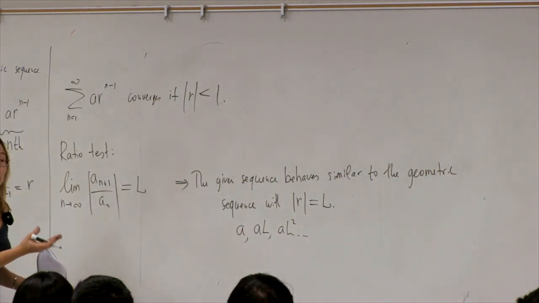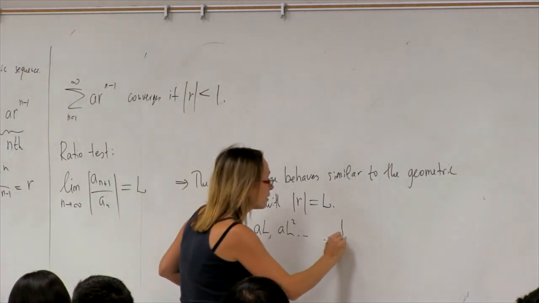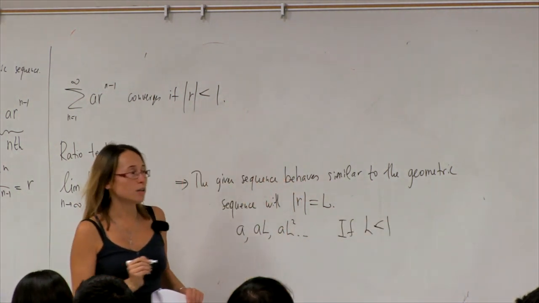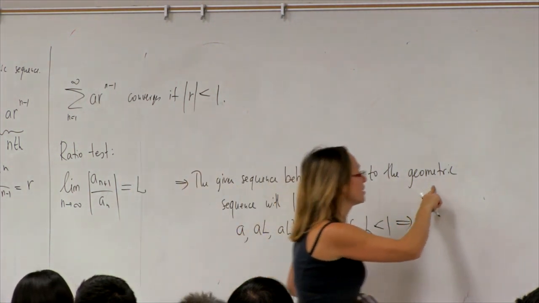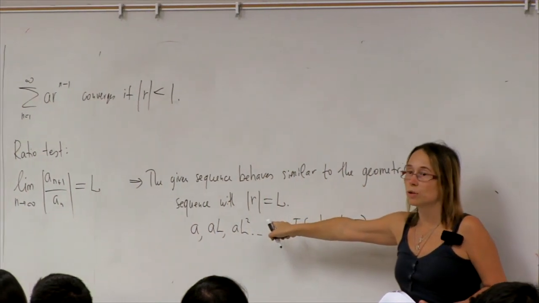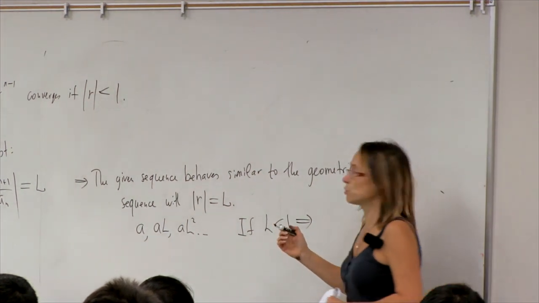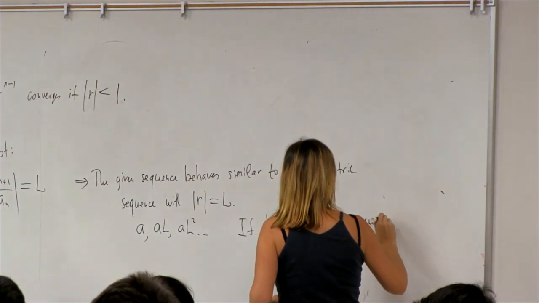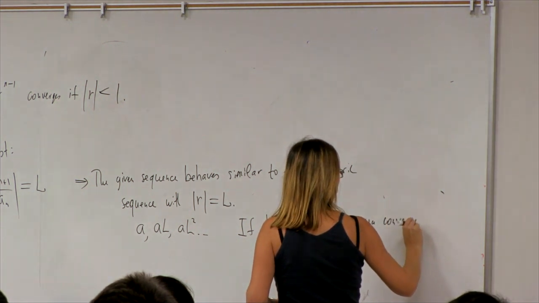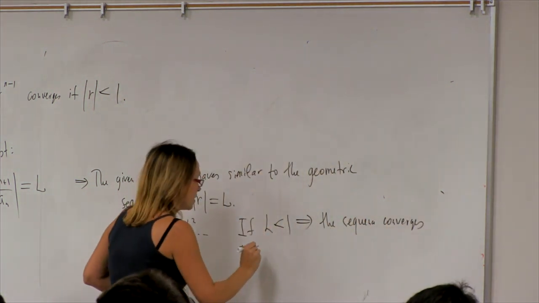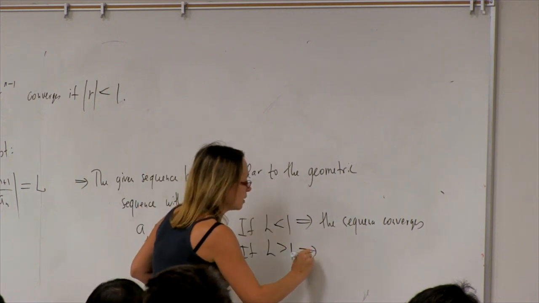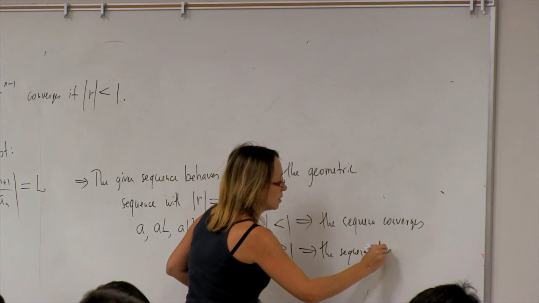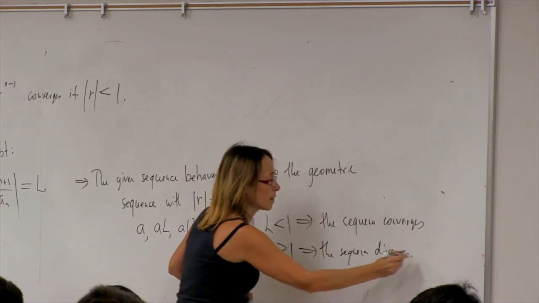Now you can see very clearly that if L is less than 1, then the geometric series will converge, and therefore the given series will converge. And if L is greater than 1, the series diverges.